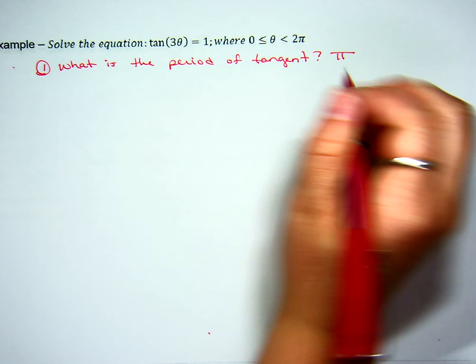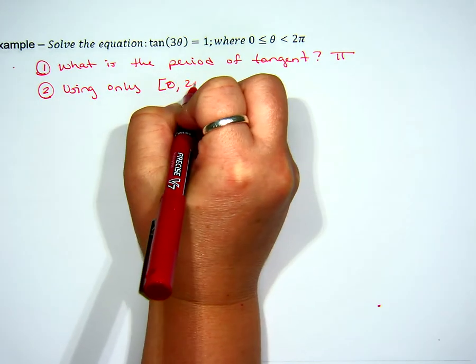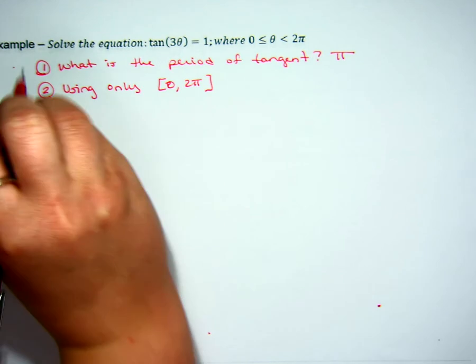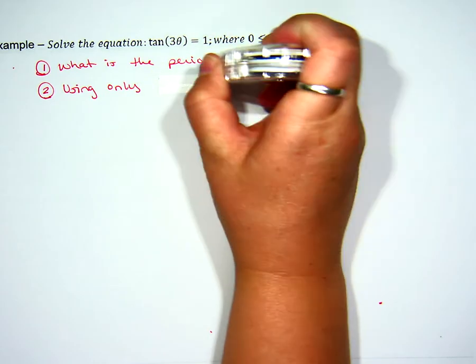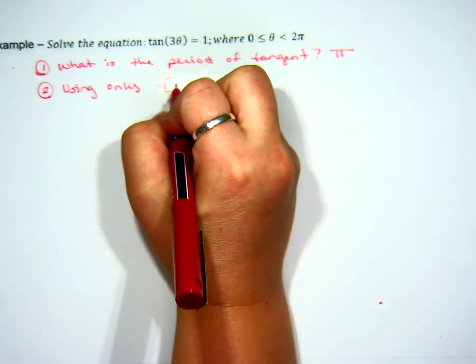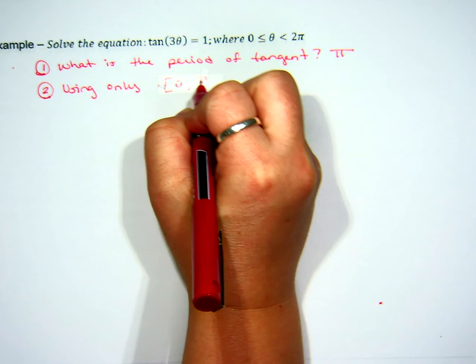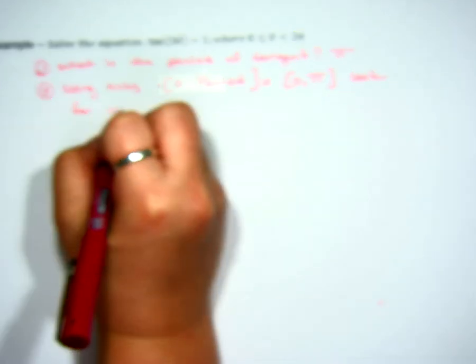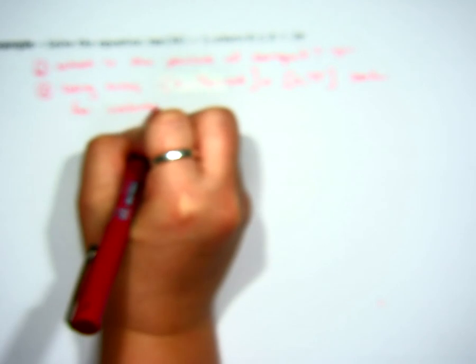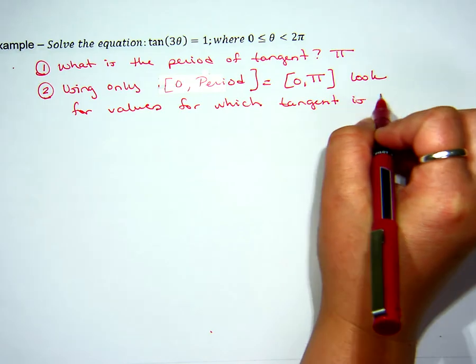Step 2, using only the interval 0 to the period, which in this case is 0 to pi, you're going to look for values for which tangent is 1.